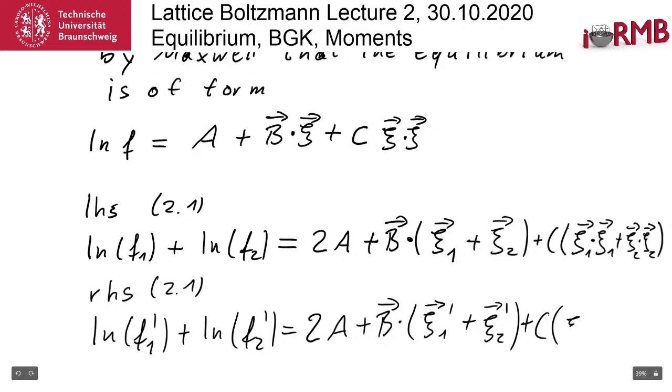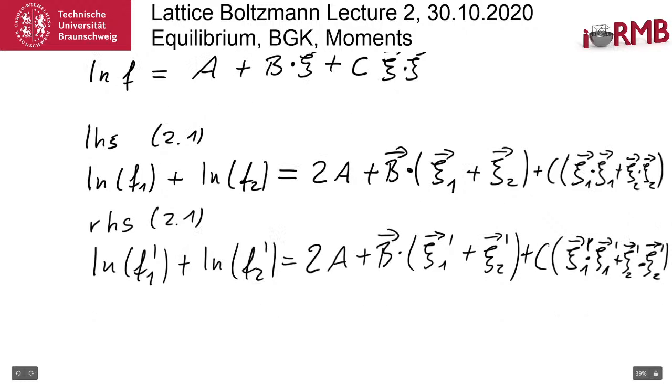Here's some c, so c1 after collision plus c2 after collision, times, the dot missing, c2 after collision. Okay, so this is what we have.